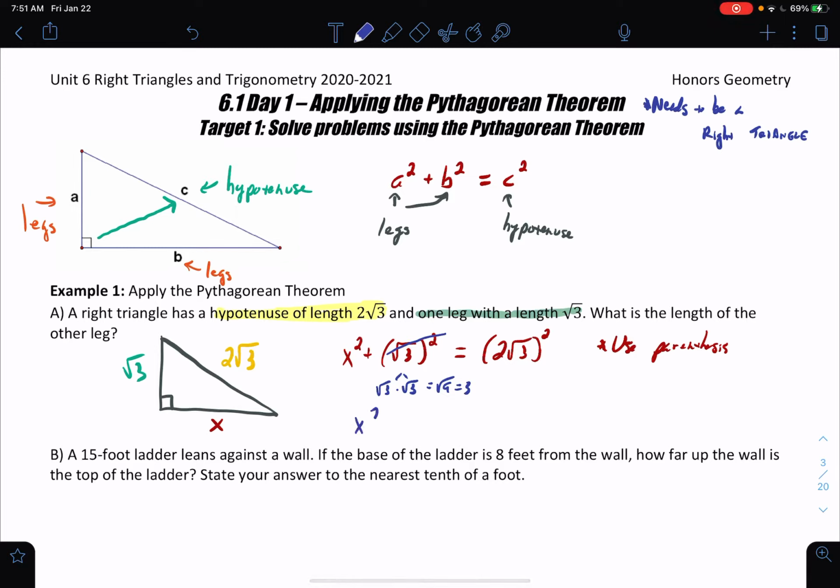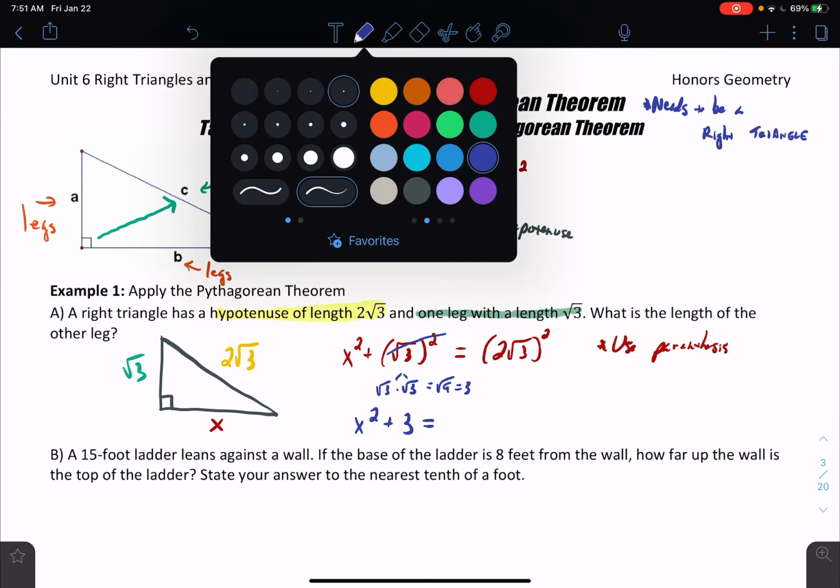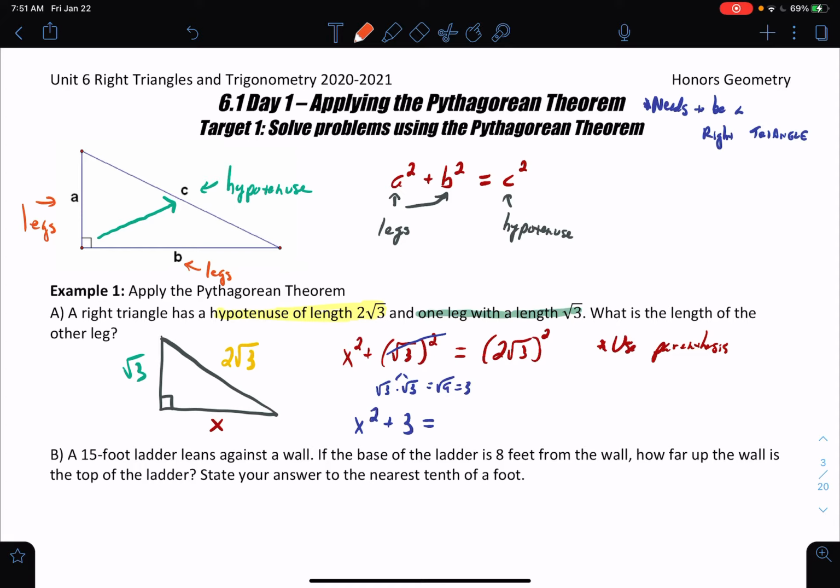So I got x squared plus 3 equals, well, now let's figure out what 2 square roots of 3 squared is. So that's going to be 2 square roots of 3 times 2 square roots of 3. That's why we need to use parentheses, so that we know we are squaring the entire 2 square roots of 3. The number outside and the number in front.